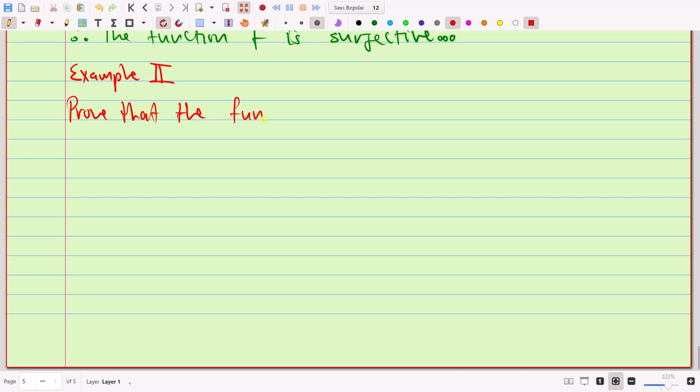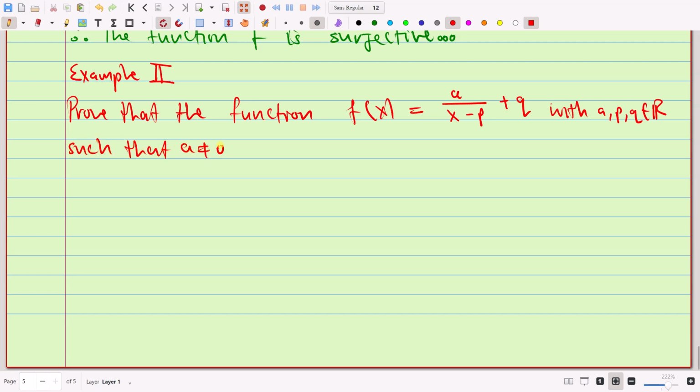So prove that the function f of x equals a over, let me not complicate things this time, let's just say x minus p, then plus q, with a, p, q elements of real numbers such that a is not equal to 0.